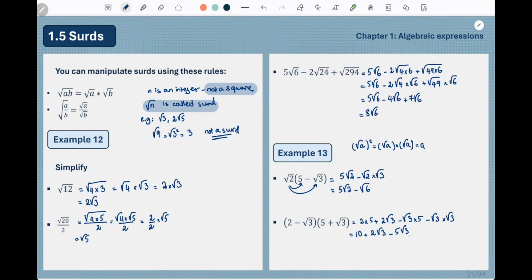So it becomes minus 3. So here 10 minus 3 is 7, and because they share the same term, square root of 3, it becomes minus 3 times square root of 3. So now we're done with example 13.